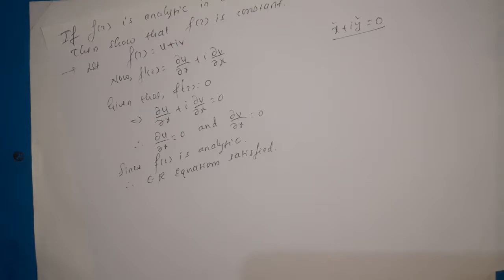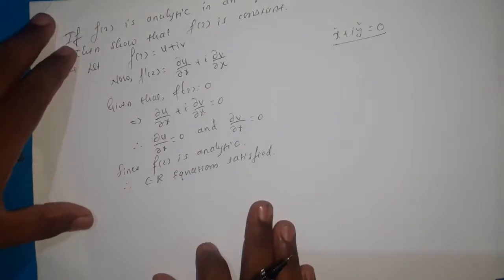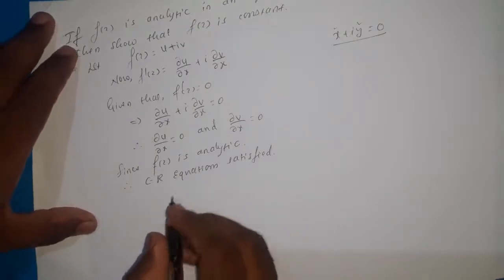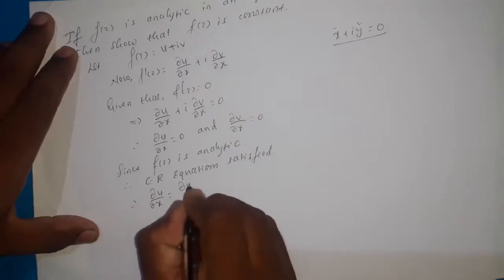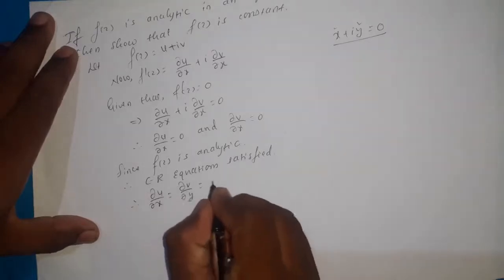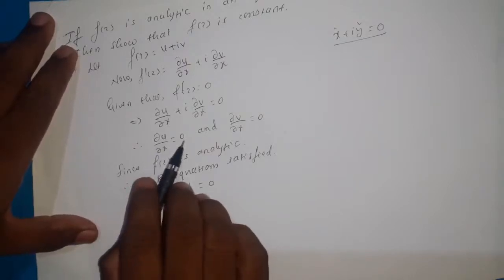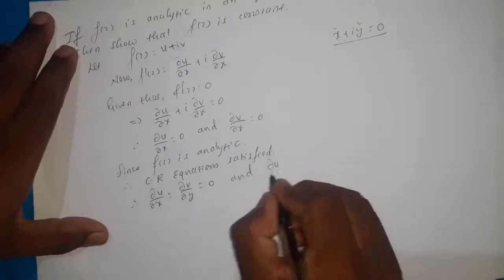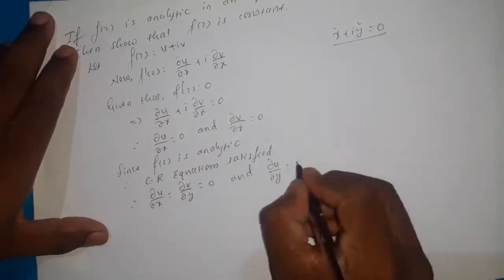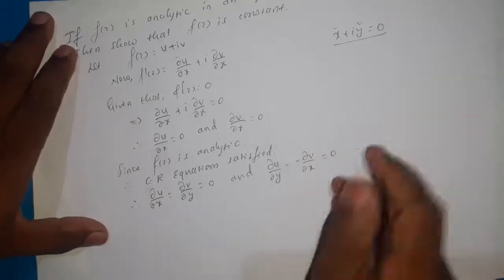The CR equations are dou u by dou x is equal to dou v by dou y and dou u by dou y equal to minus dou v by dou x. Therefore dou u by dou x is equal to dou v by dou y, which is equal to 0, because already we know that dou u by dou x equal to 0. And dou u by dou y is equal to minus dou v by dou x, which is equal to 0.